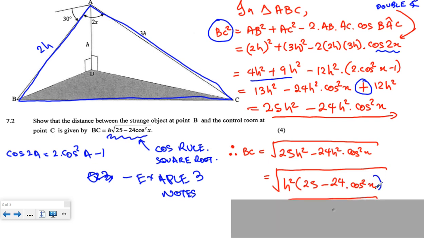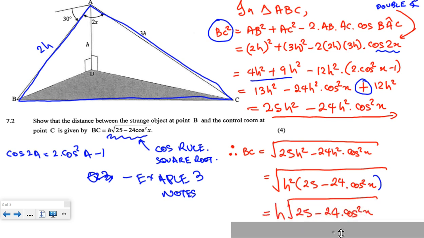There's a bracket missing here, and therefore you're going to get h squared into 25 minus 24cos squared x. When you find the square root, third rule, the h squared can come out and you get your final answer. Not so bad. My recommendation, you've got two examples here, 2019, 2018. Study the three examples that we have.